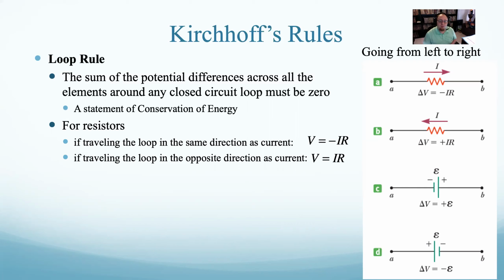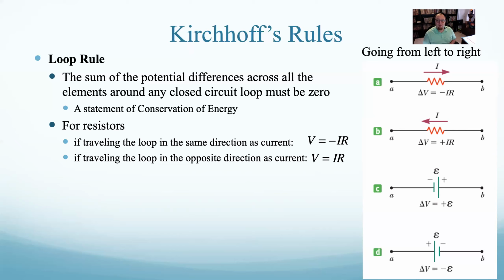If you are working around the loop in the same direction as the current, you must say every time you pass a resistor that you lose a voltage equal to IR. That is, when you go across a resistor in the same direction of the current, you're going to say minus IR to the potential.